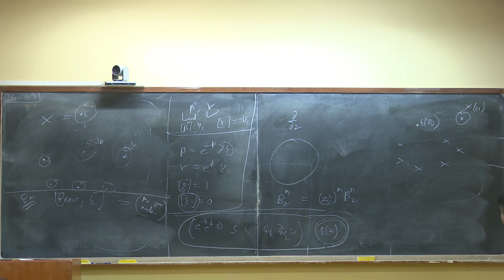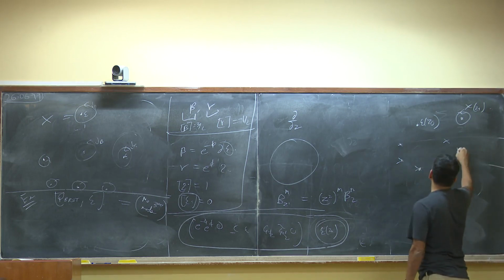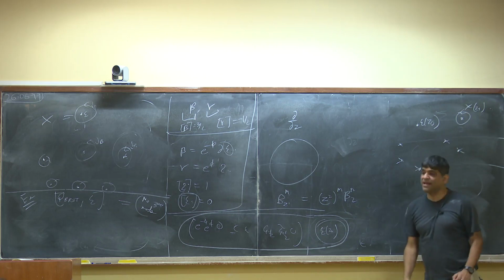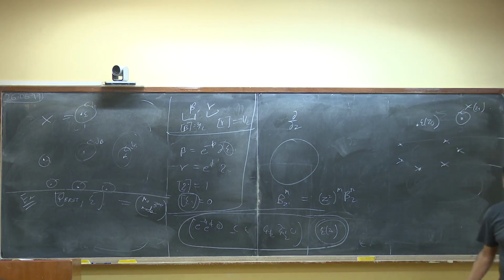Okay? And let us suppose that all my other insertions are BRST exact. Then I want to know whether the result of this path integral is 0 or not.